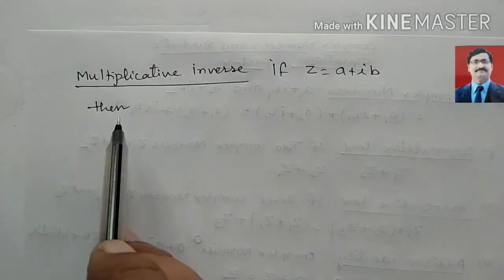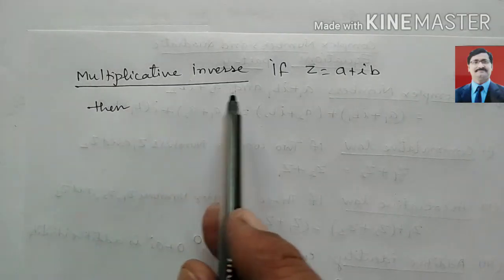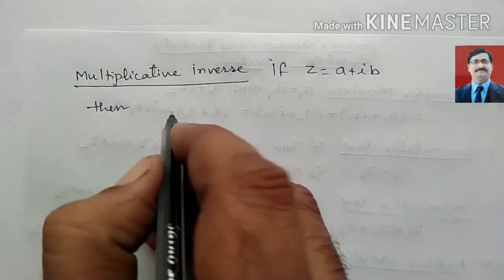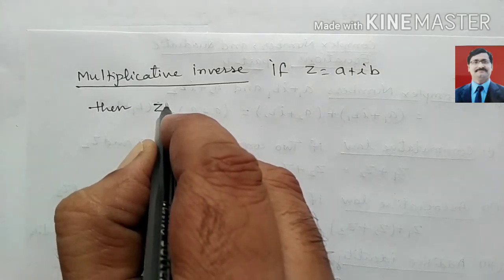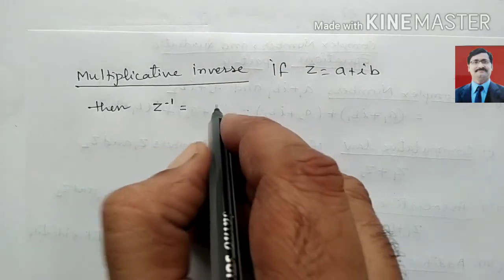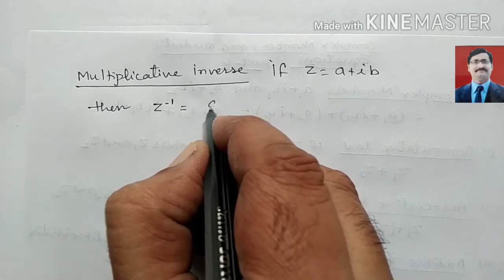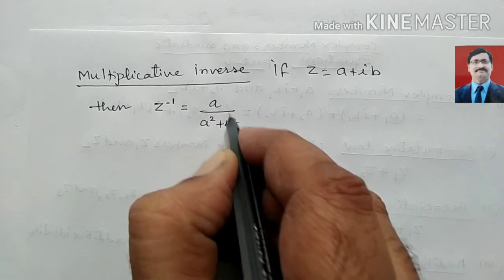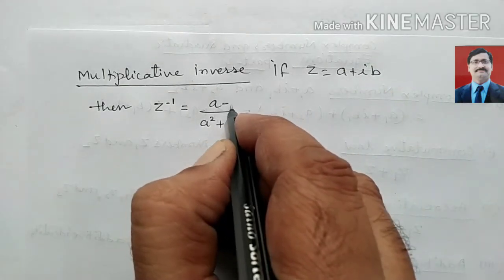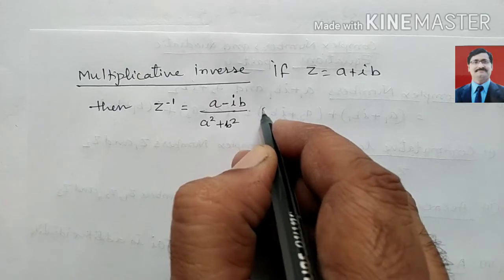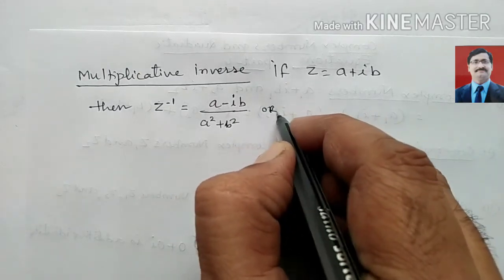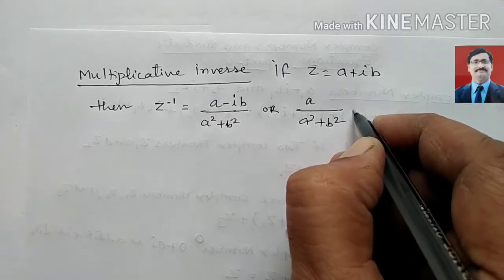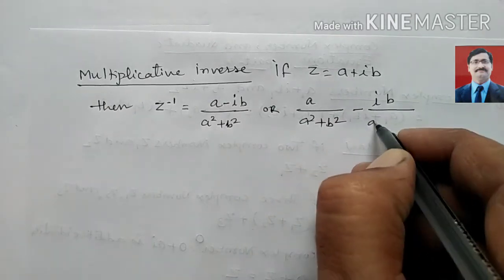Look here all of you, we already did the multiplicative inverse. If Z is given to you as A plus iota B, then we write the multiplicative inverse by Z power minus 1, and I already explained that, that is A upon A square plus B square, and where there is plus, you write minus iota B. You can write A upon A square plus B square minus iota B upon A square plus B square.